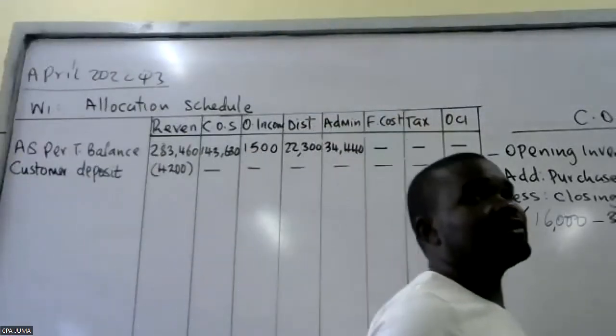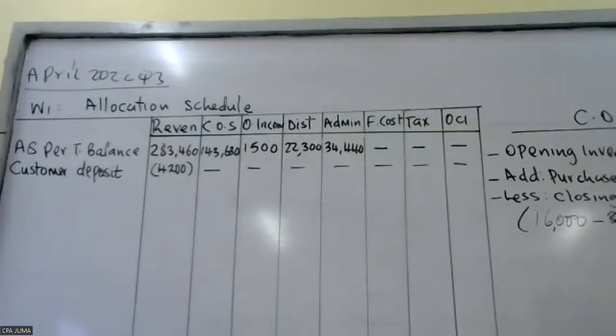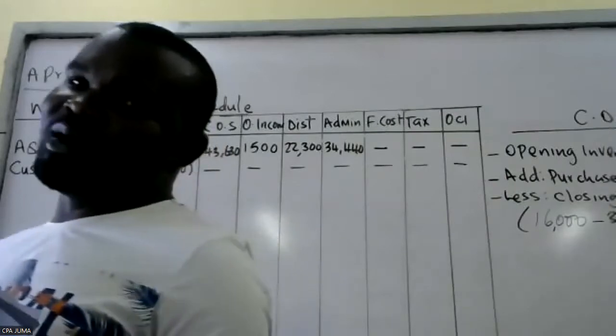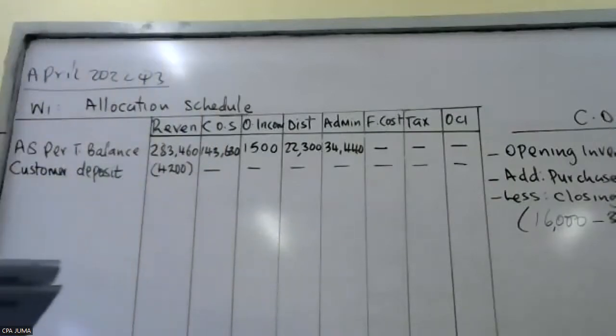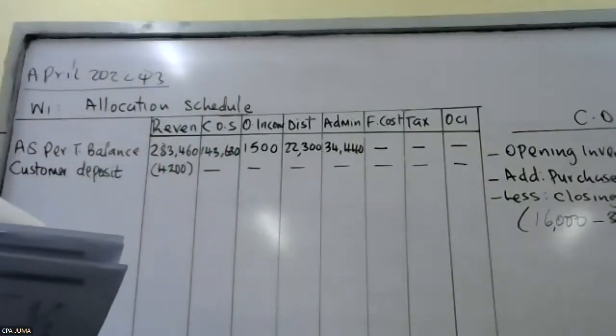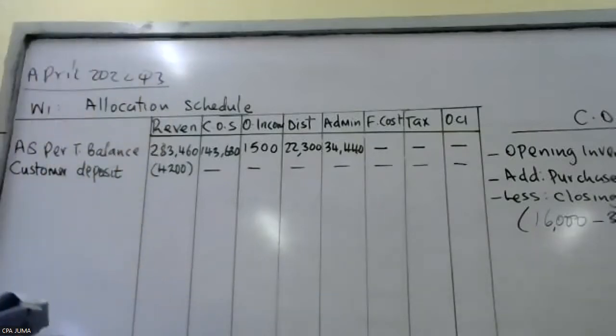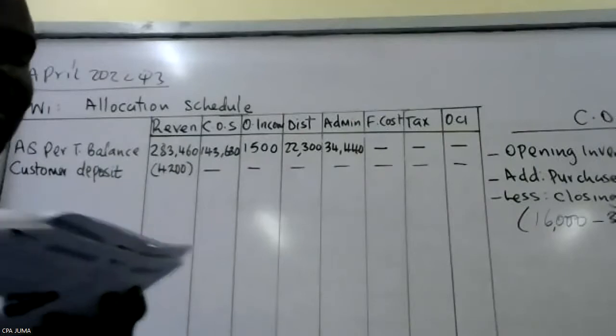Because it's not a full year. How many months are those? They are 9 months. Yeah, those are 9 months. So they issued a debenture with interest of 6%.